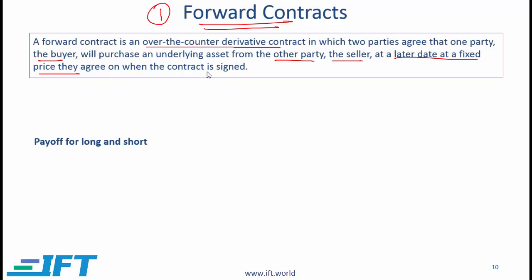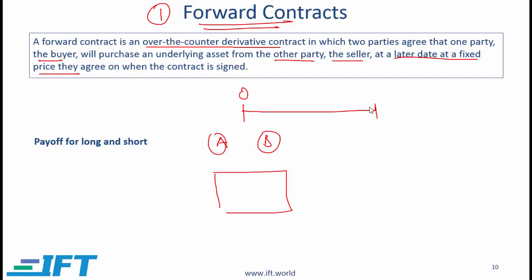Just to help you memorize this concept, I will show you that picture again. At time 0, two parties A and B sign a contract which says that at the end of month 6, A is going to sell and B is going to buy an underlying asset. So the underlying asset is one stock of XYZ. That underlying is specified over here. The expiration of the contract is specified.